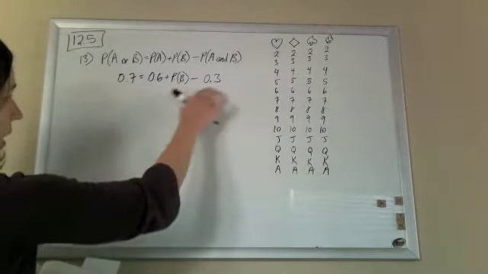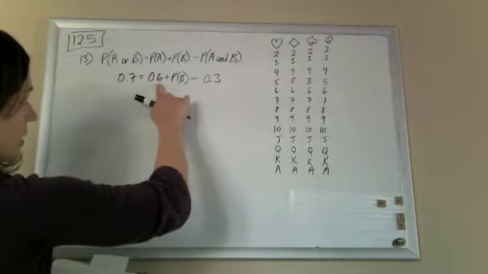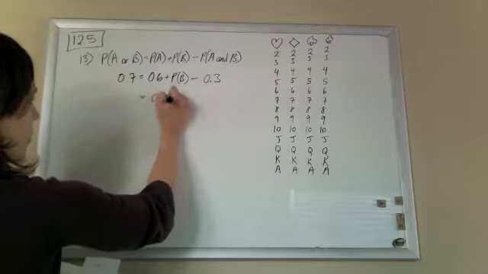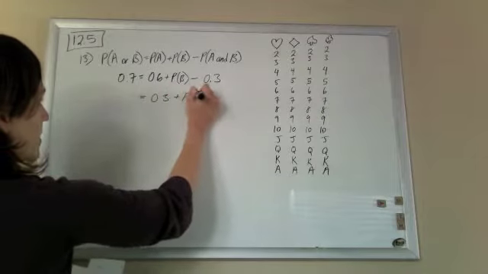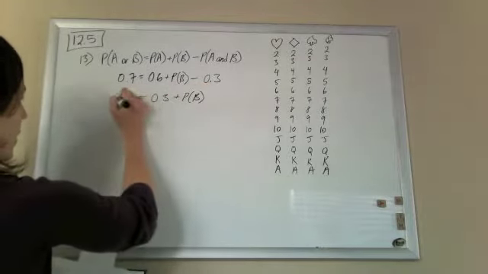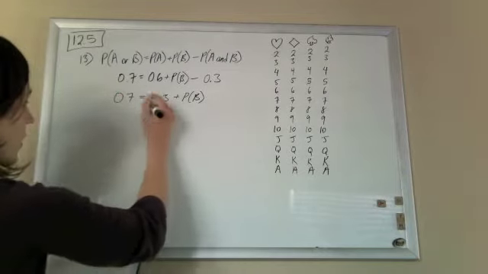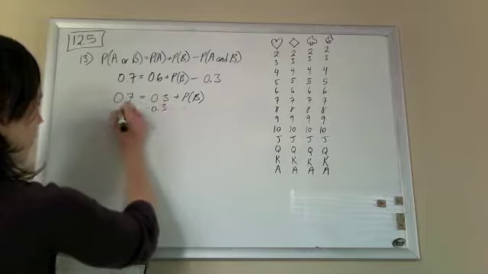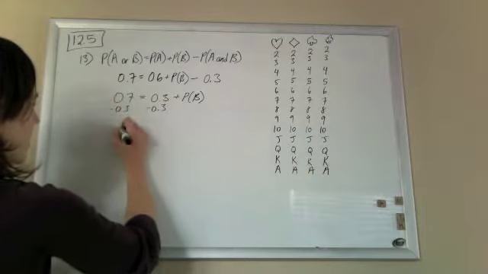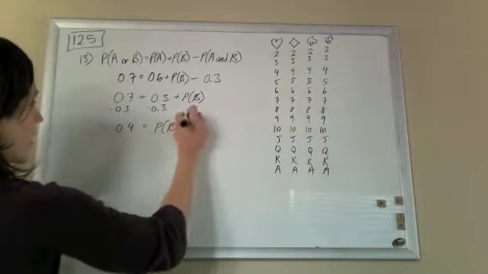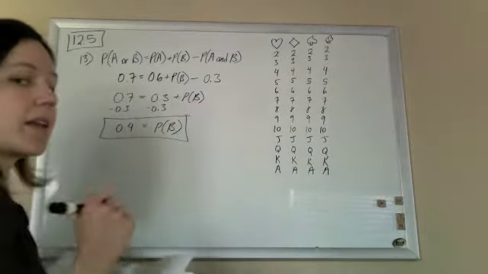So just combining stuff on this side, 0.6 minus 0.3 is 0.3 plus the probability of P of B, and that should equal 0.7. And then subtracting 0.3 from both sides, we get 0.4 equals the probability of B. And that's that.